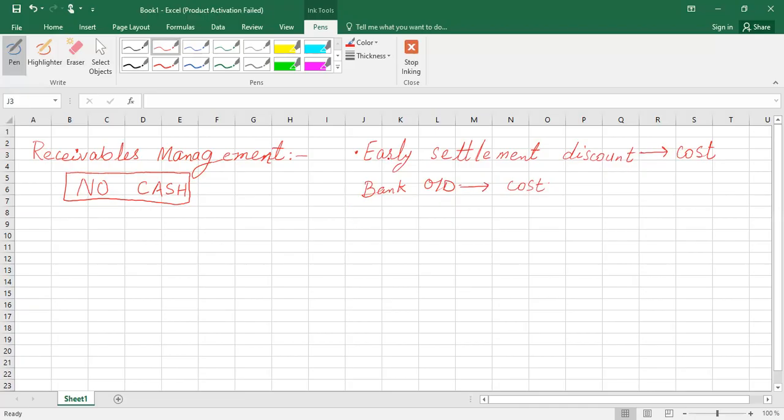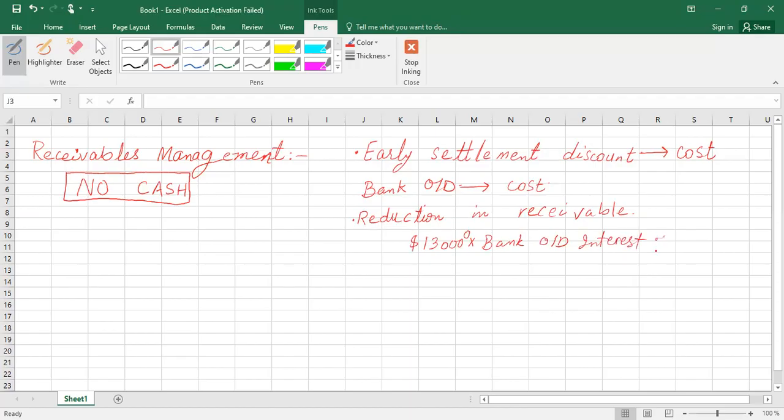If company is offering early settlement to the receivables, it means now there will be reduction in receivables. Suppose previously receivables of the company were $1 million and now it has reduced to $870,000. So it means there is a reduction of $130,000. When there is reduction of $130,000, it means now company will save its bank OD interest on this $130,000.